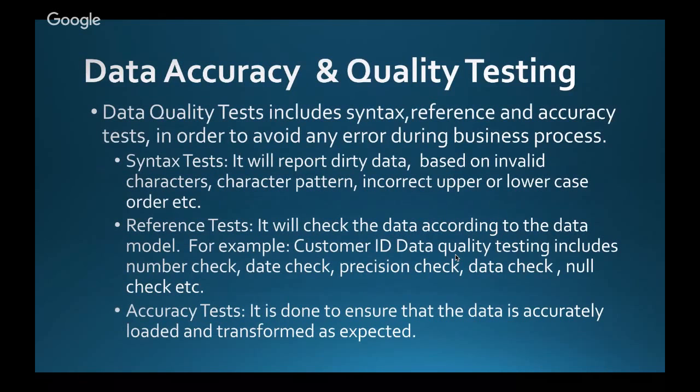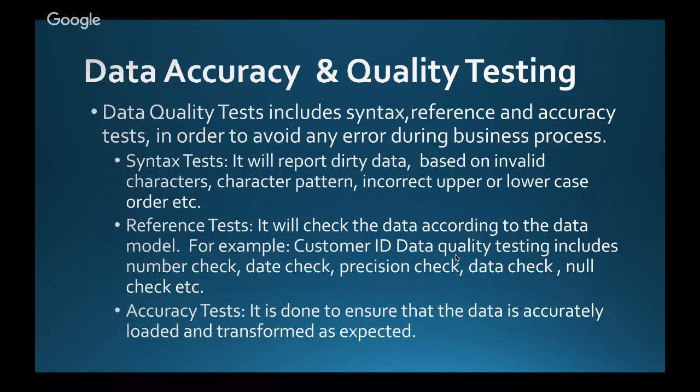Data accuracy and quality testing. This is very important, friends. Whatever data you have, it should be accurate, and the quality of data should be high. It should be of acceptable quality, else the reports or the output which you're planning to get from your ETL system will be of substandard or low standard, which again is going to impact. So the whole motto of setting up this ETL system will fail.